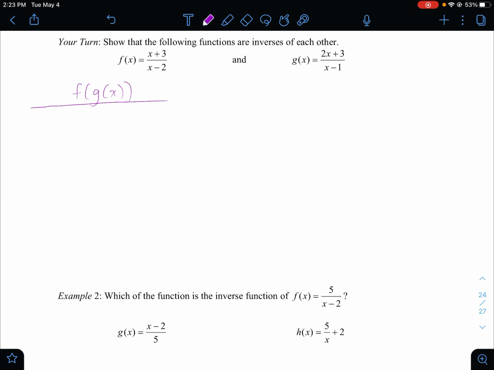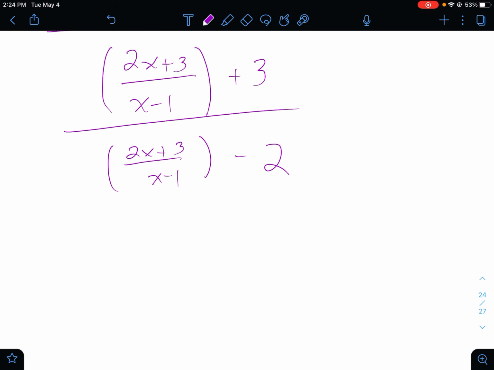So here's my f function: x plus 3 divided by x minus 2. My g function goes in here, so 2x plus 3 all over x minus 1. My hint to you is to rewrite your division horizontally.